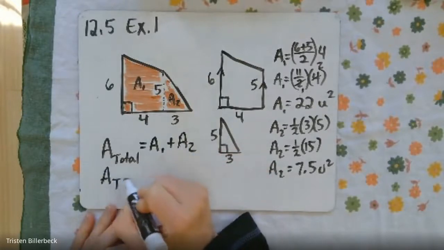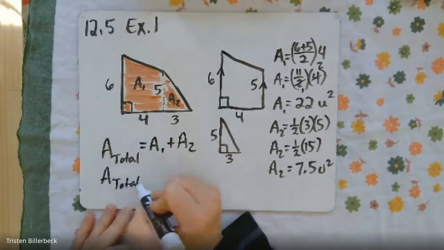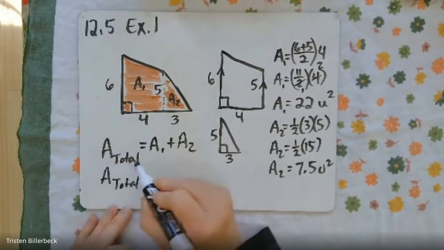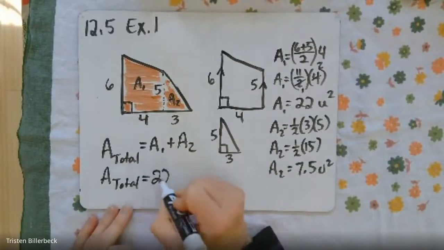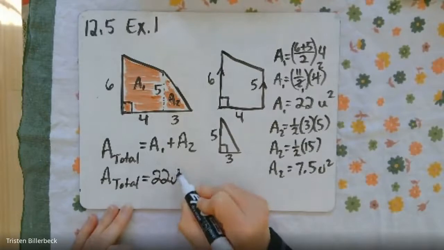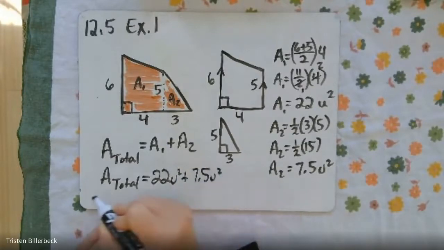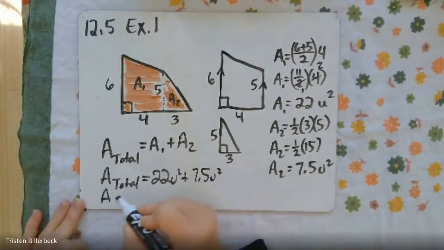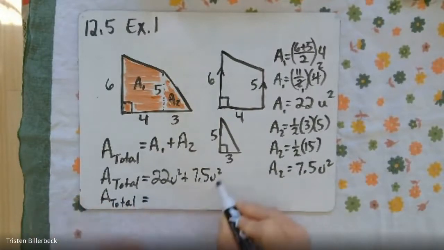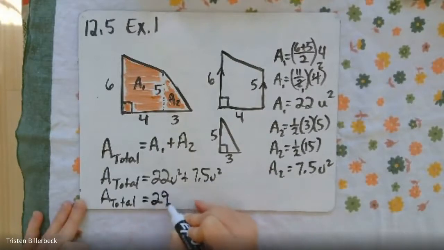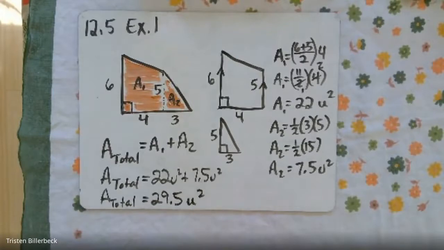So A total then is 22 units squared plus 7.5 units squared. So A total equals 29.5 units squared. So there you go. You did your first composite area.